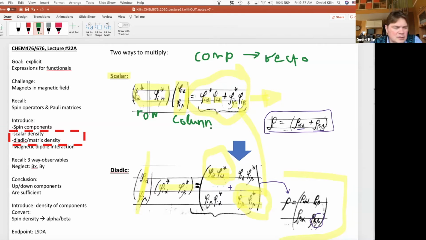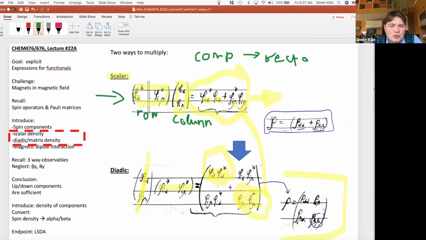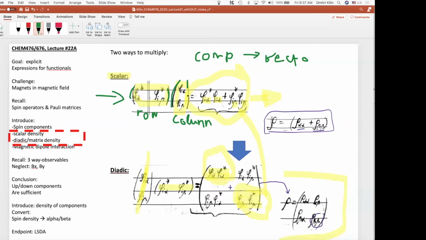So let me ask Lola if you would like to comment on this equation that I'm pointing at with this arrow. If you have two vectors, one two-dimensional vector is a row, another is a column. What can we do with them? Multiply. Yes.